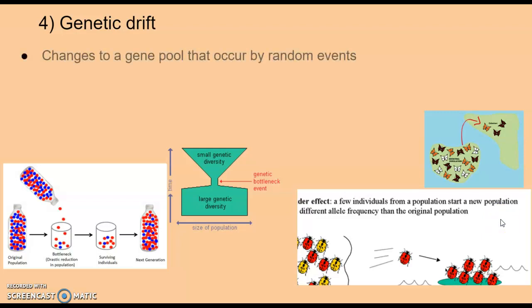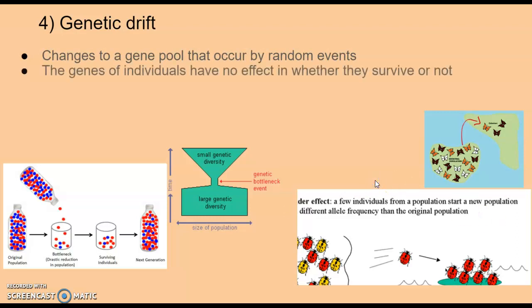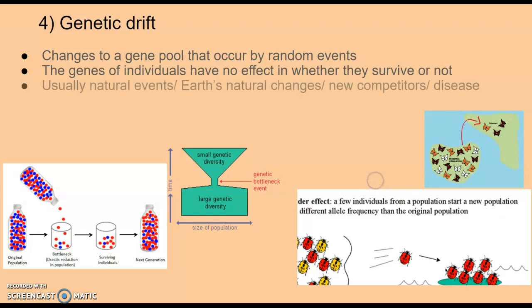This is when I change my genes, but it's completely random. The individual's genes have no effect on whether they survive or not, and this usually happens by things out of the organism's control, like natural events such as earthquakes or volcanoes, natural disasters, new competitors coming in, new diseases coming into the population.